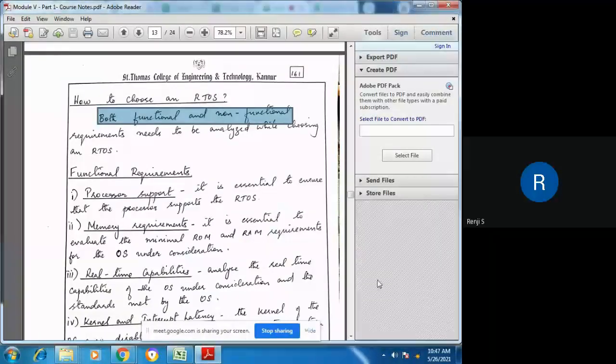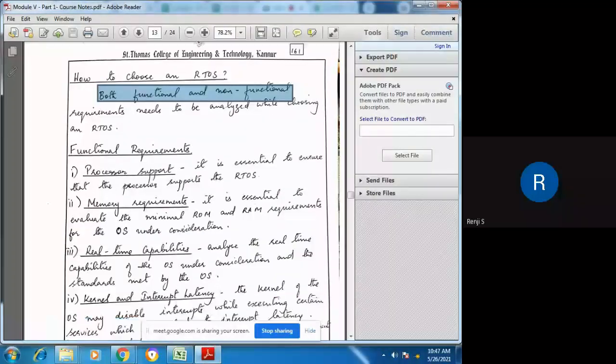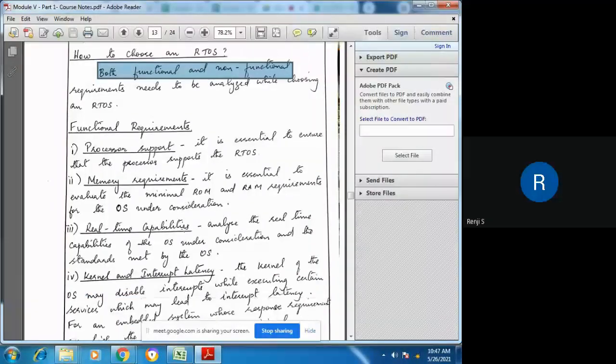The RTOS should suit the particular application that we are going to develop, and without proper support from the RTOS, we cannot develop the application properly. So we have to ensure that both the functional and non-functional requirements are met by the RTOS.